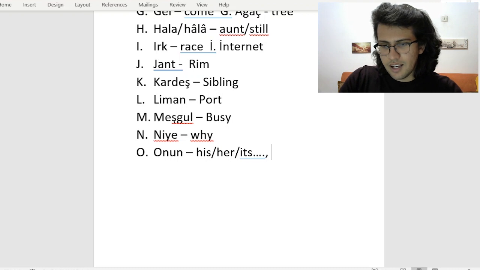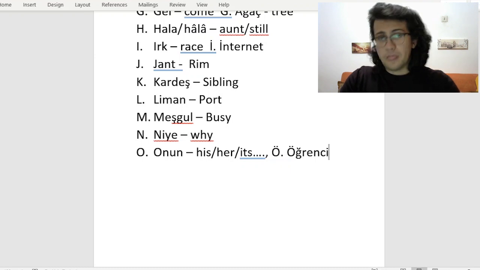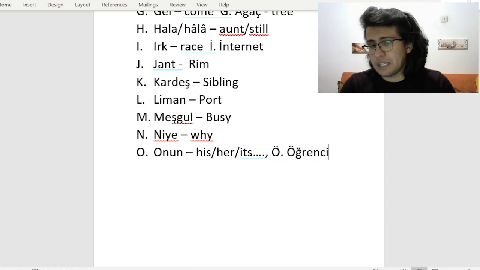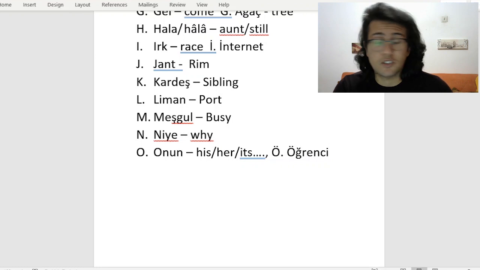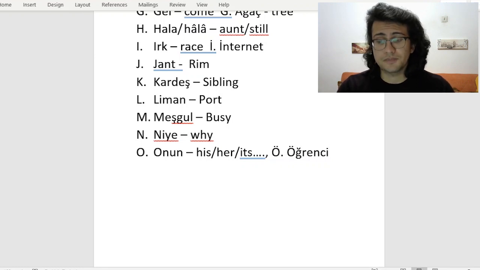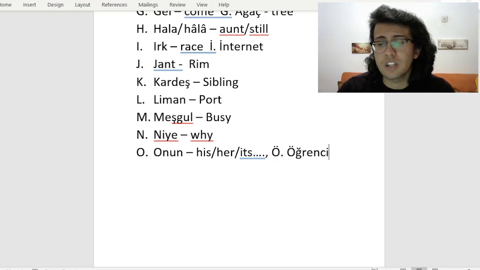Next we have the letter Ö, and let's write our words. Öğrenci. Now, if you know any French, this is so much easier because this is simply like in the word sœur, sister. Öğrenci, sœur. However, if you don't, it's not an issue.